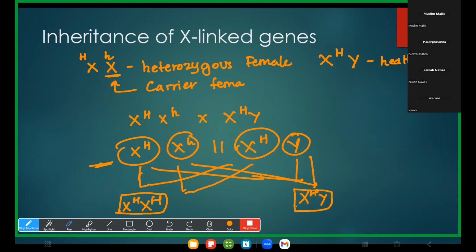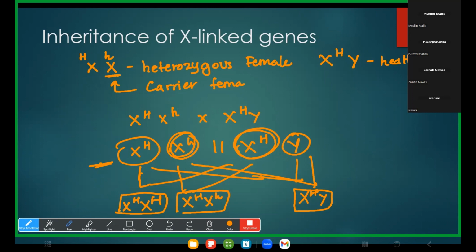But when the disease gene from the mother is combined with the healthy X from the father, this is a carrier female. Why? Because they have both X chromosomes, and one of the X chromosomes carries a healthy gene and the other has the small h disease gene. So even though they have the disease gene, because it's a recessive character, they do not express the disease themselves, but they are a carrier. Why? Because they could transmit this to the next generation.